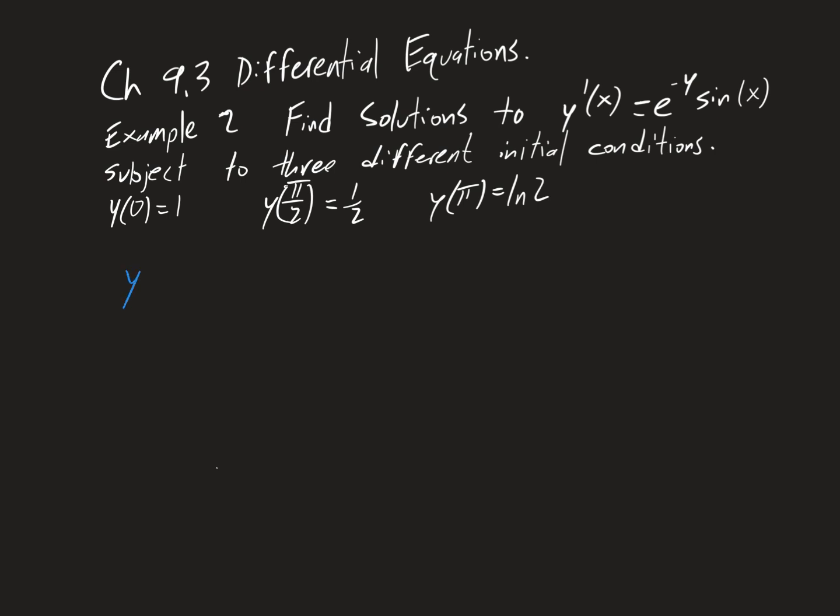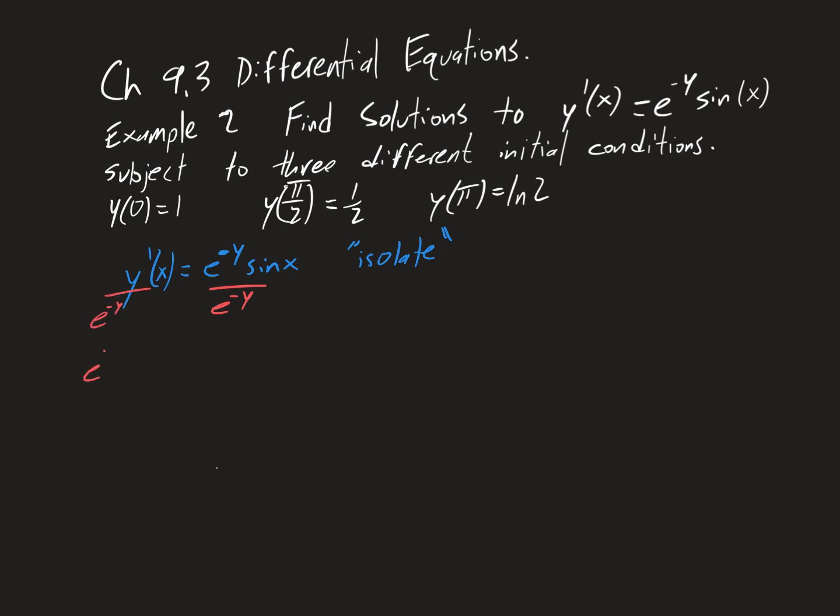We have y prime of x equals e to the negative y times sine x. Okay, and so the first thing we're going to do is isolate each variable to the opposite sides. So I'm going to divide by e to the negative y, which is like multiplying by e to the y power. So we end up with something like this.